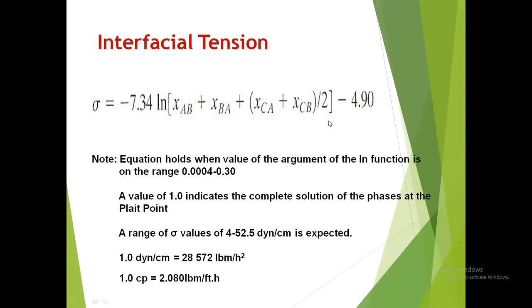In this particular problem, your answer for the interfacial tension is 8.65 dyne per centimeter. So if the problem is asking for the interfacial tension, that would be your answer.